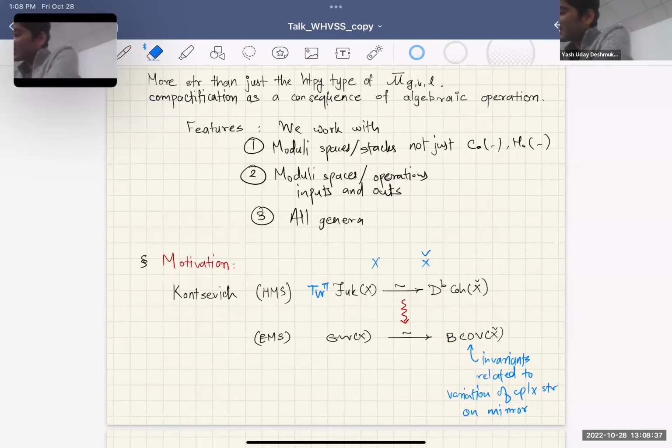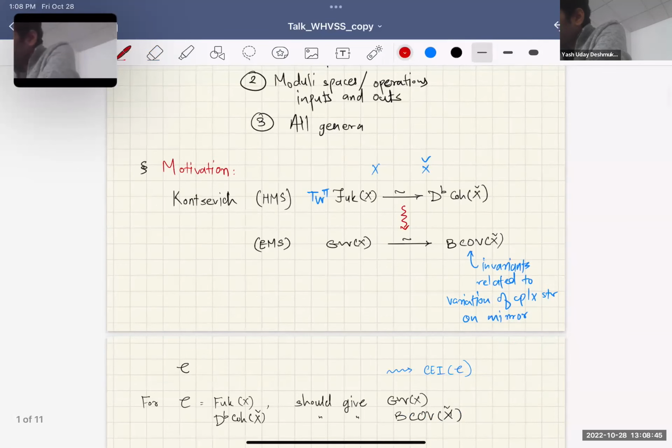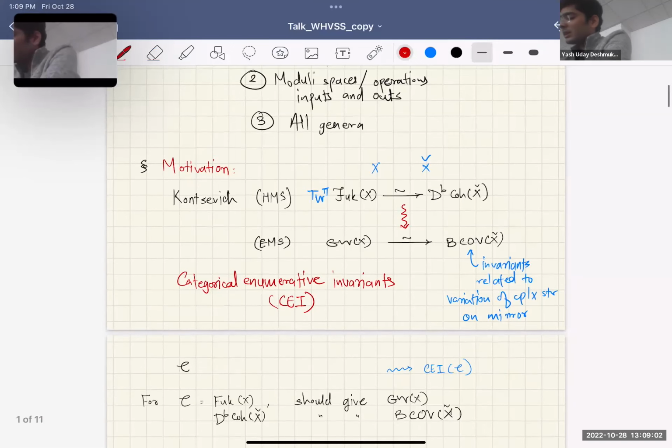And Kontsevich, in fact, has a proposal for how to do this. And the proposal is that we construct something called categorical enumerative invariants. So these things are going to be some invariants associated to a category.